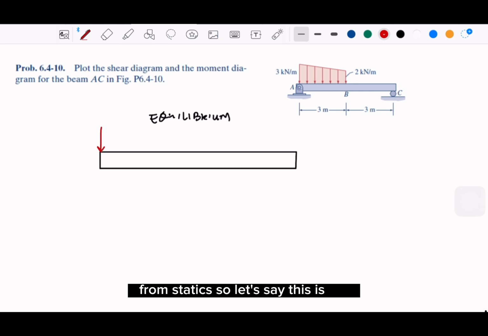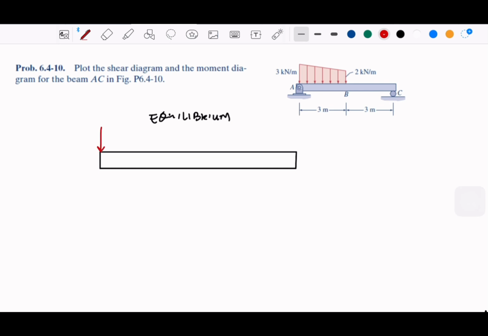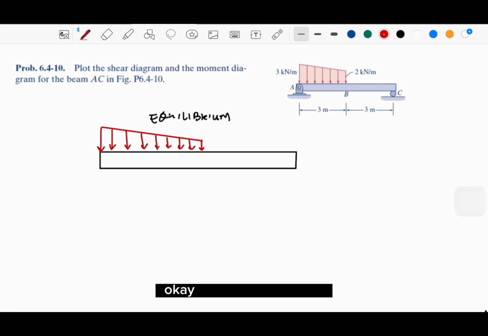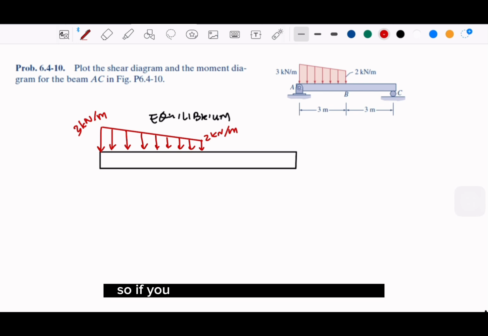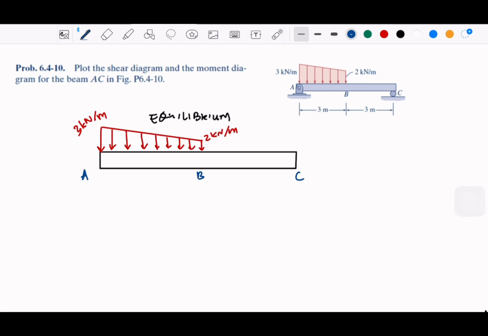Let's say this is 2 kilonewton per meter. Oh, 3, sorry. This is 2. So if you're given this type of question, where you have the distributed loads, the left part is 3, the right part is 2.